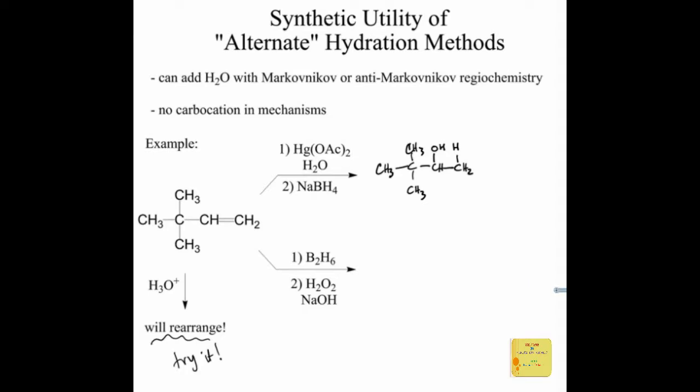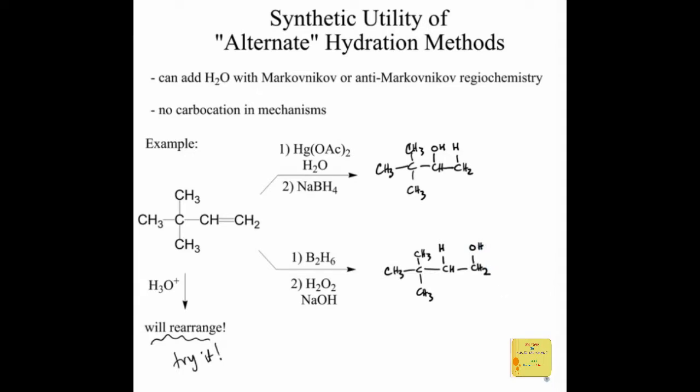Perfect. Or if you took the same alkene and did hydroboration-oxidation, then you would break the pi bond and add an H and an OH. But in this case, you would now do it with anti-Markovnikov regiochemistry, where the hydrogen goes to the inside carbon and the OH goes to the outside carbon.